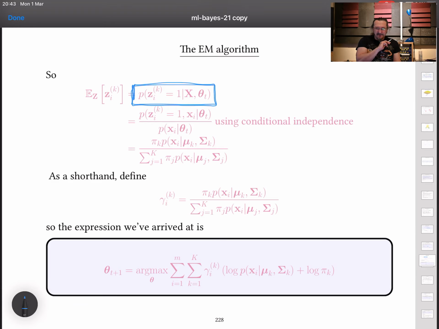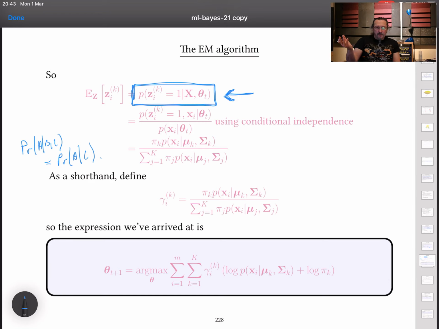Conditional independence just means that if you have an expression like the probability of A given B and C, it would just collapse to the probability of A given C. We have conditional independence here because the probability of one of these indicator variables, given that you know the training data and the parameters in theta, well, knowing all the training data is no different to knowing just the ith one in this case.